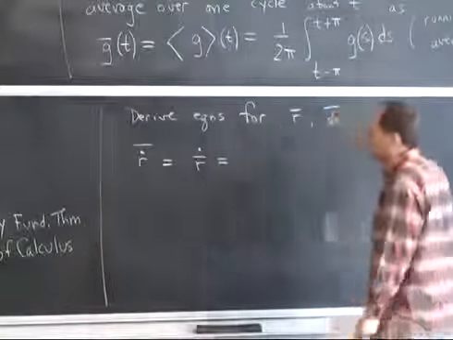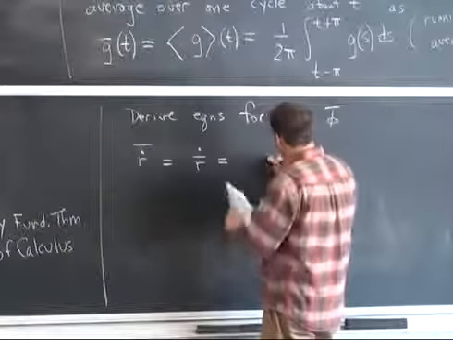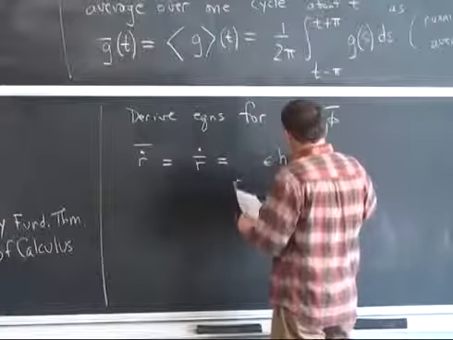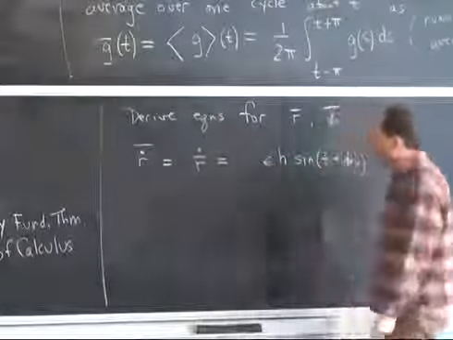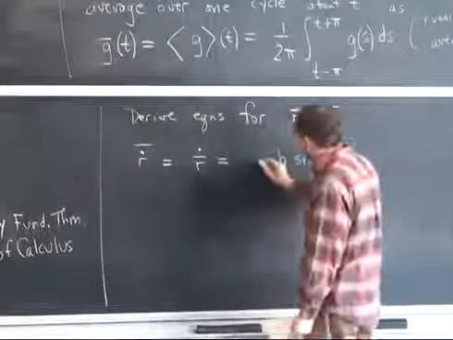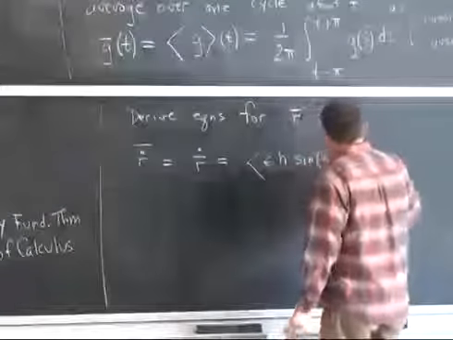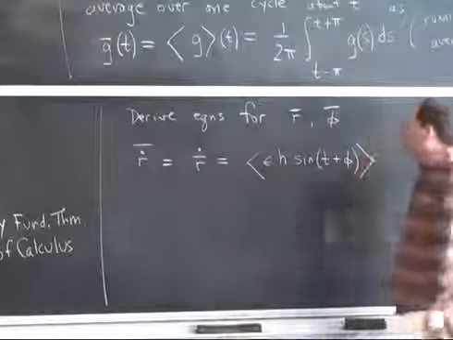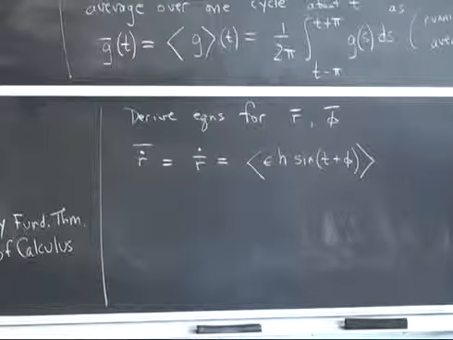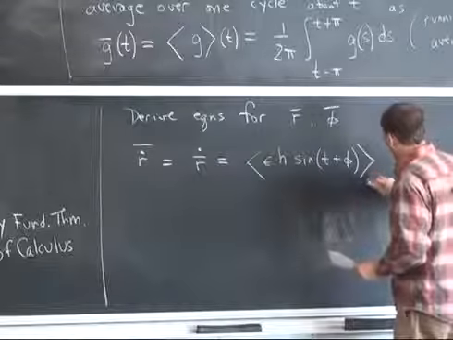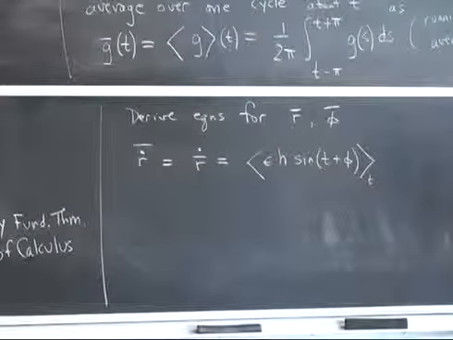But r dot bar would mean we already derived an equation for r dot. It was epsilon h sine of t plus phi. Right, that was r dot. So now if I take the average of it, I could put a bar over the whole thing, but that looks kind of goofy. Let me just do it with my slick angle bracket like that. Where the average, in case there's any ambiguity, means with respect to the variable t, we're averaging in the way that we talked about, the 2 pi running average.